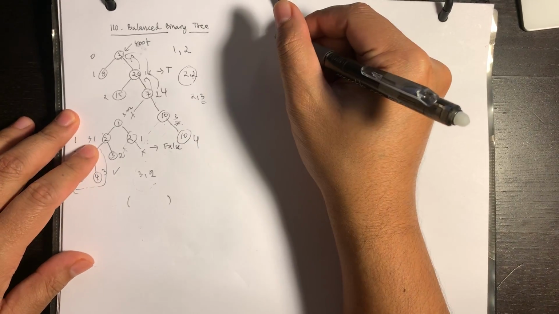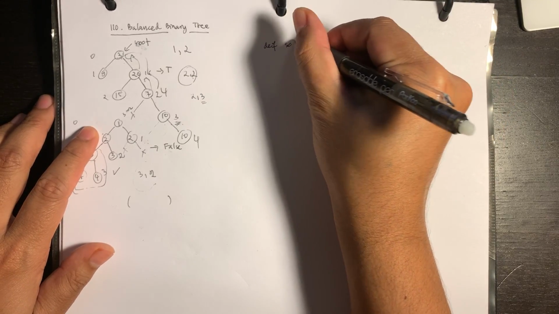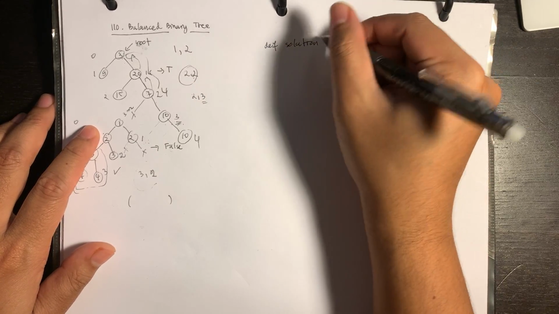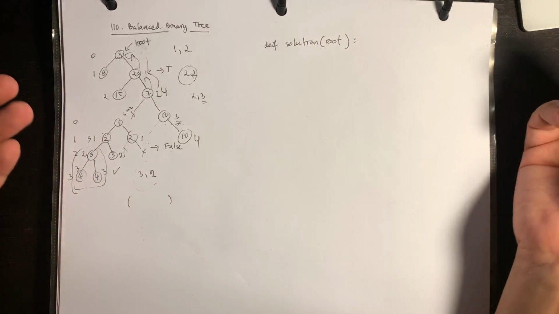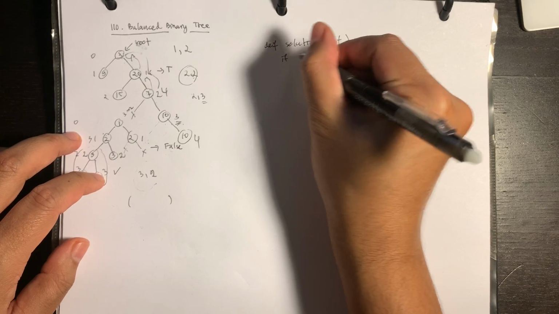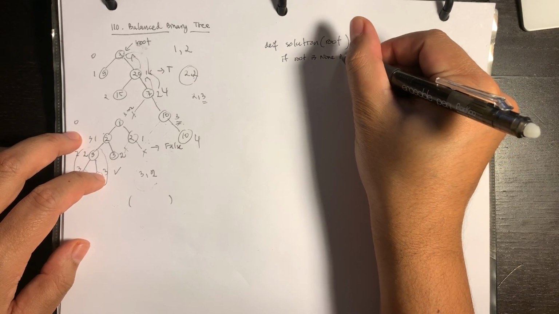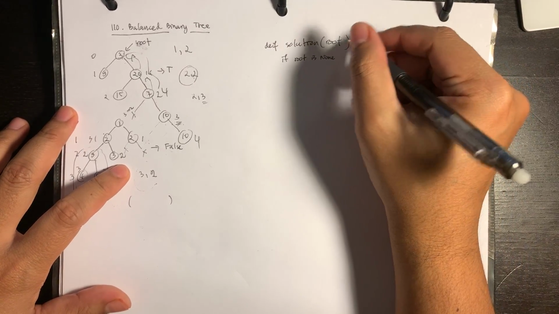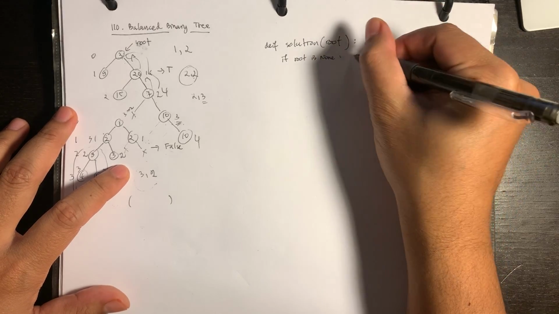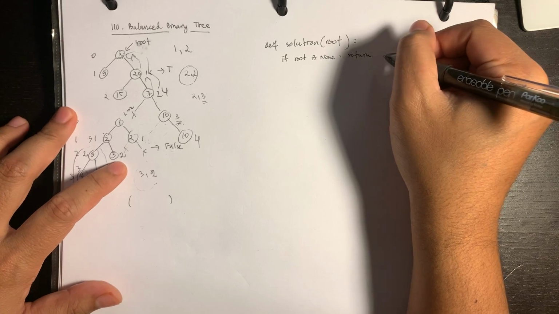Okay, so here's my thought process. We start with define solution, and then we have root right here. So first thing first, we just want to make sure root is not none. If root is none, return true.